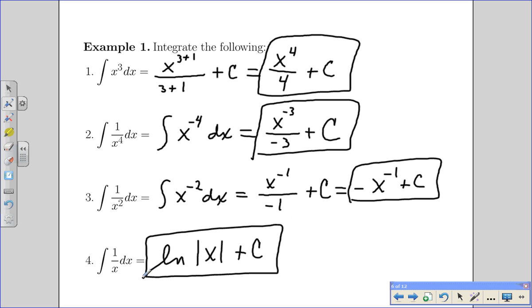And the big reason that rule is so hard to remember is because anytime you have a polynomial and you take the integral or the derivative, you end up with a polynomial. If you start off with an e to the x and you take a derivative or an integral, you end up with an e to the x. But here, you start off with something like 1 over x and you end up with a natural log. So the stuff on the right doesn't look anything like your answer on the left. It's still correct, of course.